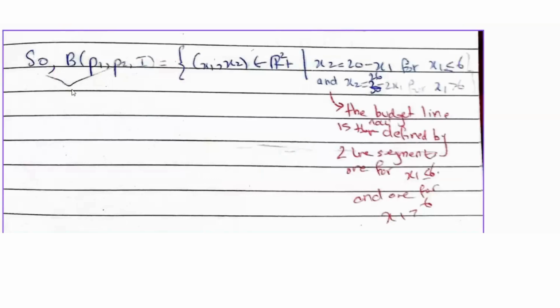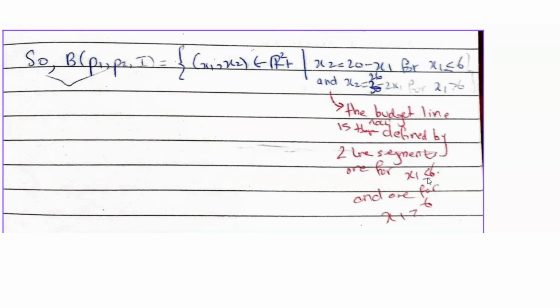So we can write our budget line as a function of P1, P2, and income, where it's all those combinations of x1 and x2, such that x2 is 20 minus x1 for x1 less than or equal to 6, and x2 is 26 minus 2x1 for x1 greater than 6. So the budget line is now defined by two line segments, one for x1 less than or equal to 6 and one for x1 greater than 6.